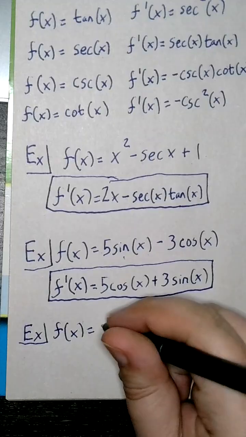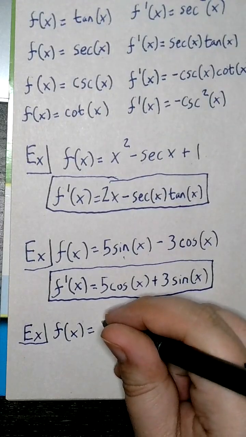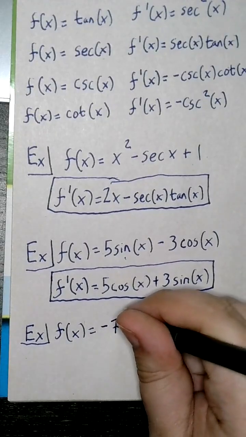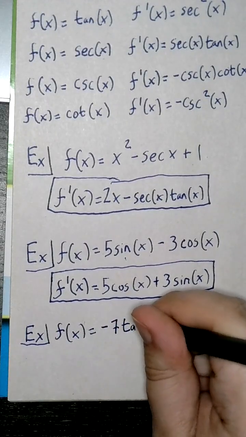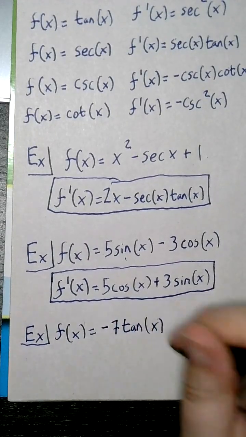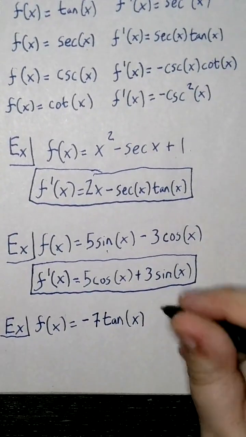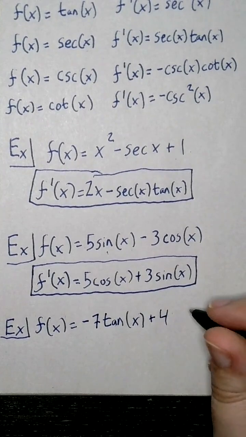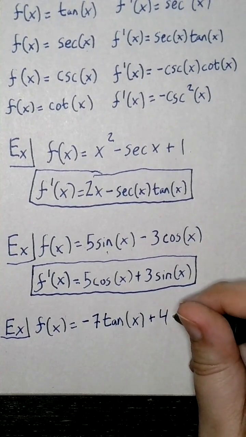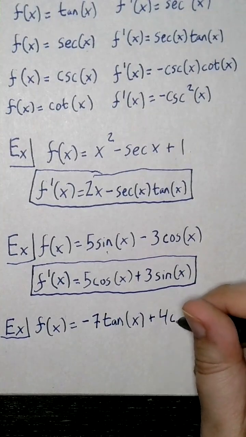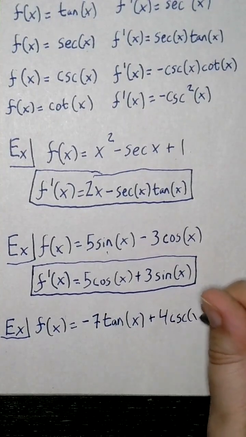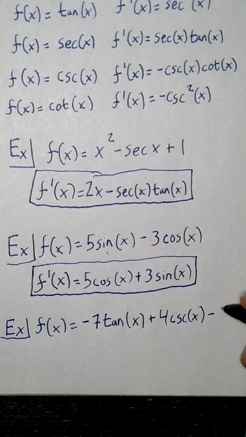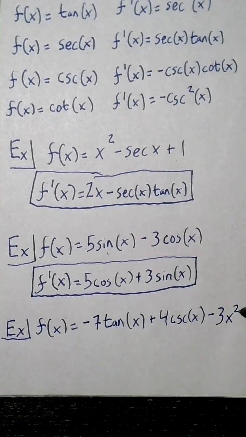Let's do negative 7 tangent of x plus 4 cosecant of x minus 3x squared.